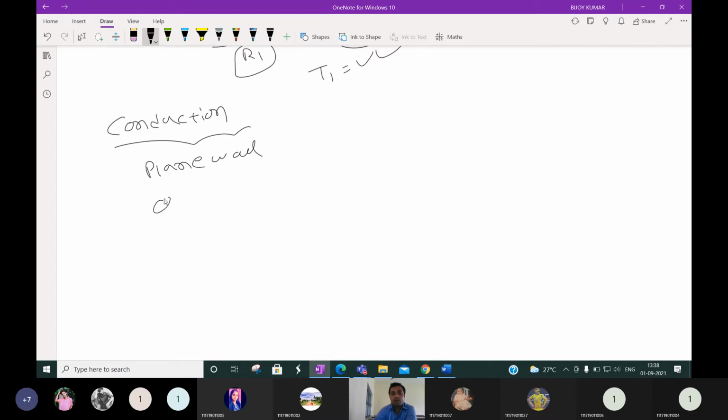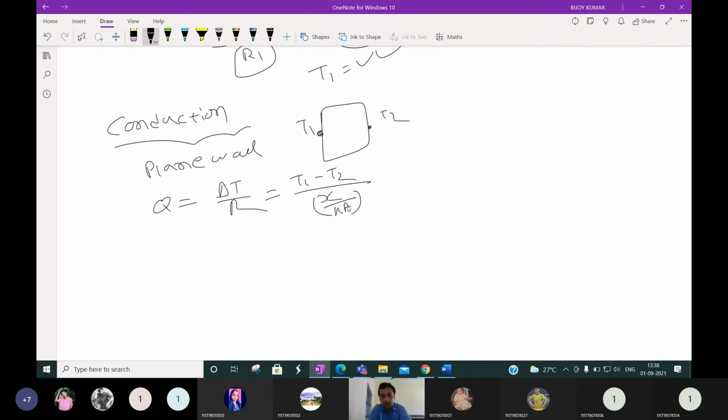In a plane wall, Q is nothing but delta T by R. Suppose the surface temperatures are T1 and T2, then delta T is T1 minus T2, and R is nothing but X by KA. Simple.